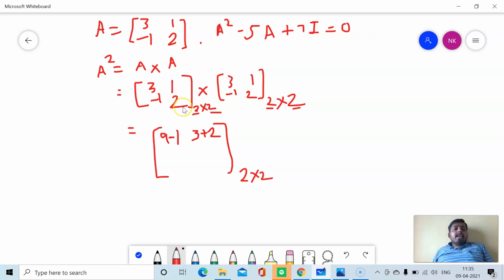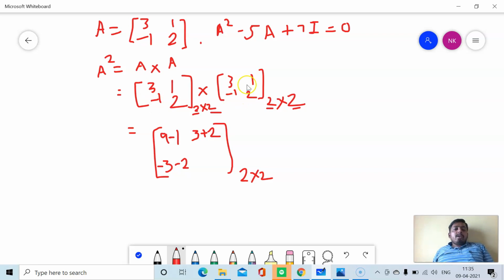The third element is the second row of the first matrix into the first column of the second matrix. That means minus 1 into 3 is minus 3, and 2 into minus 1 is minus 2. And for the last element, the second row of the first matrix into the second column of the second matrix.